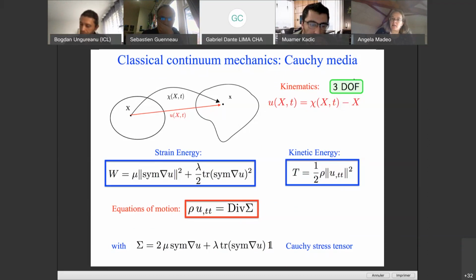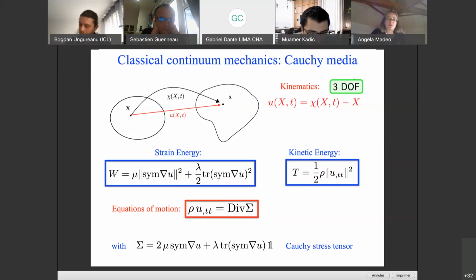Once the kinematics is fixed, we will see how to generalize this concept. We introduce strain and kinetic energy density. Here is for a classical isotropic linear elastic medium. And the kinetic energy goes as well. So here you can just see our notations with derivatives with respect to time and so forth.